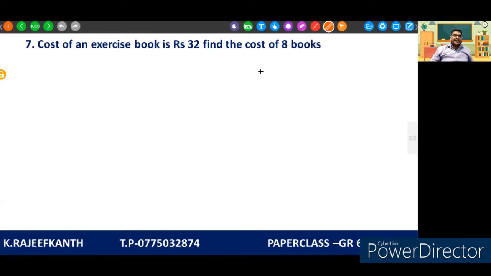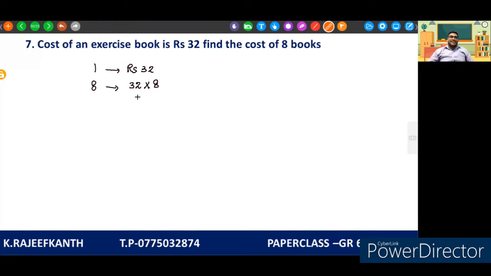Okay. Right. Here one book is 32 rupees. Now we have to find the price of 8 books. Then we have to multiply 32 by 8, because the price of one book is 32 and we have to find the price of 8 books now.